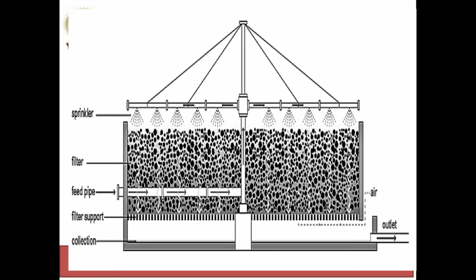So this is the diagram for trickling filters. Here you can see that the spray nozzles will spray the water over this bed and water will percolate through this rock bed or tray, and it also comes in contact with air and the aeration process is done, and water will go out from this outlet and be sent to the next treatment plant. So this is the diagram for the trickling bed method. Write down or draw the labeled diagram for it.